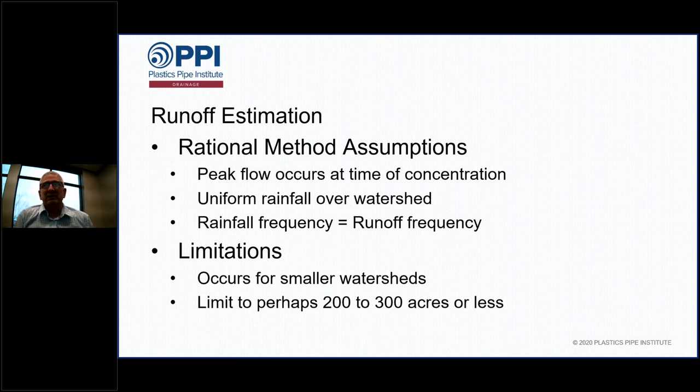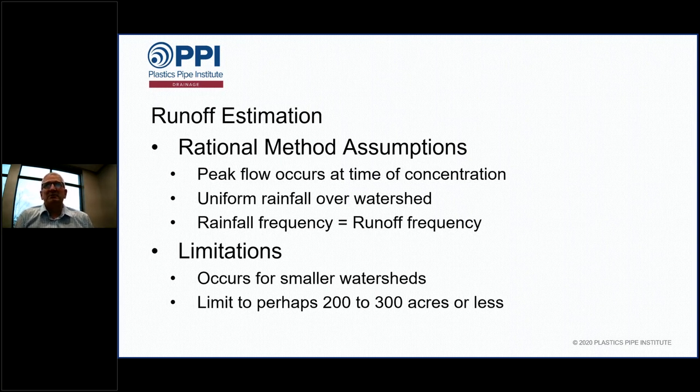So that's one of the main contributing factors to error that occurs in the rational method, is the fact that you have what's called a basin lag. And that's the difference between your time of concentration and your location of peak volume of runoff. We also assume a uniform rainfall over the entire watershed, which for larger watersheds is really not reasonable to assume.